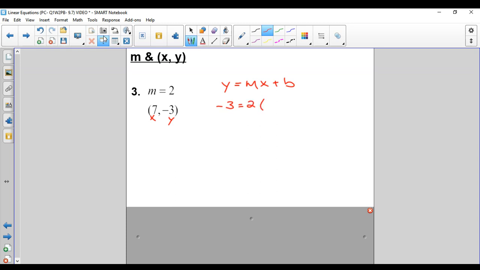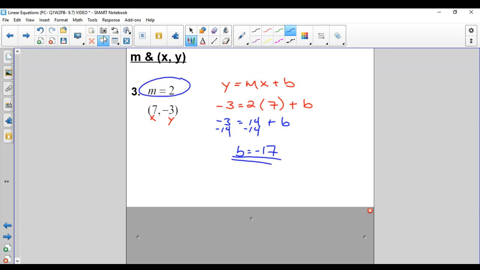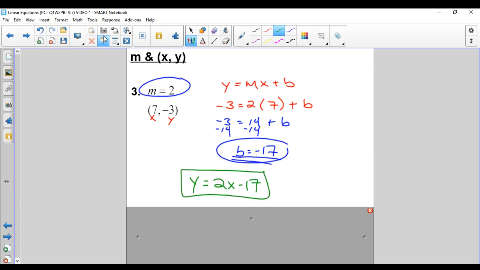So we have 2 for our slope, X is 7 plus B. Go through, solve for B. -3 equals 14 plus B, subtract 14. B is -17. You have your slope, you now have your y-intercept. We piece it all together, and we have our equation of a line.